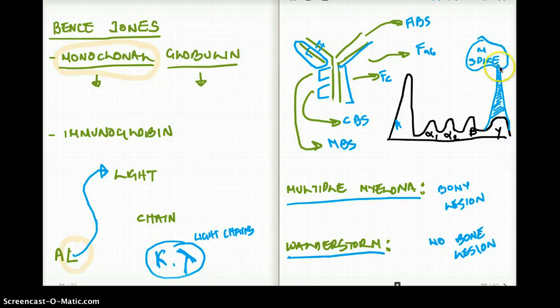The reason we see this big monoclonal spike is because in multiple myeloma, we're making lots of IgG and a little bit of IgA, okay? But more IgG, immunoglobulin G. So that gamma shows up in our gamma spike, our monoclonal spike. That's why the spike goes up in multiple myeloma. So that is all that we need to know about Bence-Jones proteins.